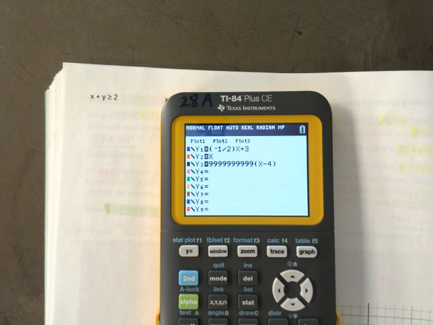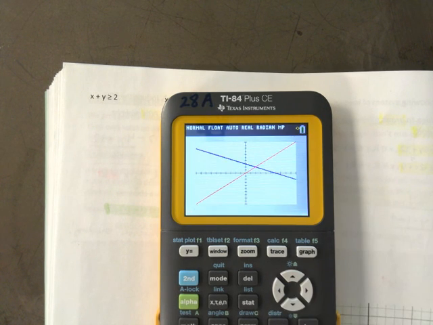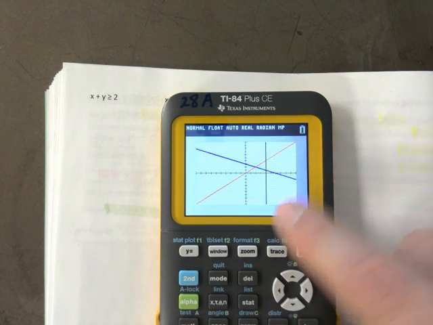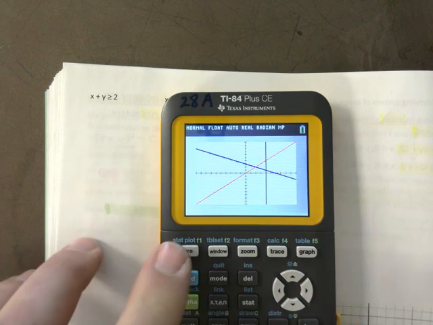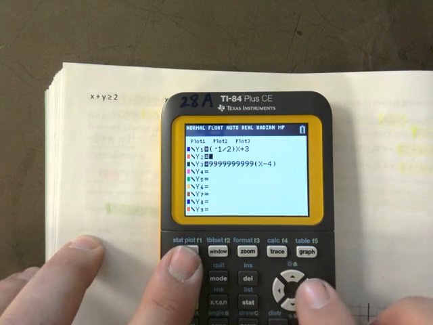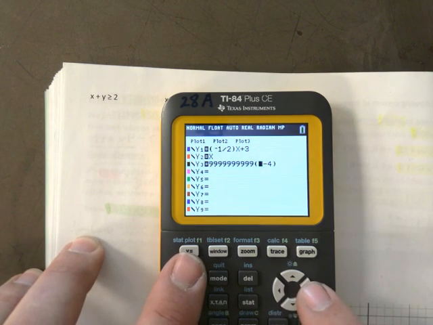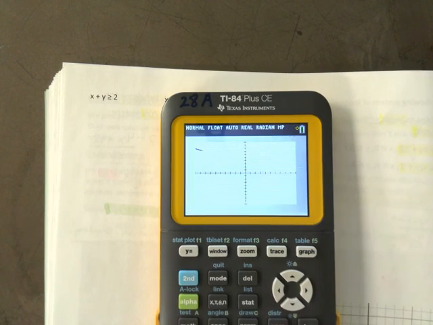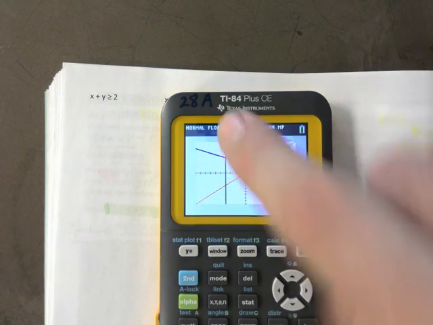You do the exact opposite. And then when you graph it, it's going to graph it right there. If you want the line minus 4 to be graphed, then you would do plus 4, and then it's going to graph it right there, negative 4. So it's always the opposite.